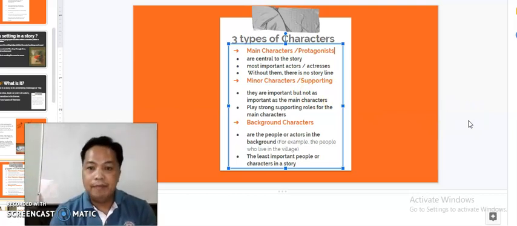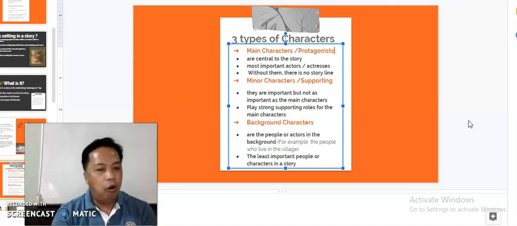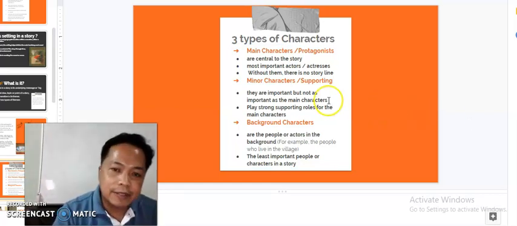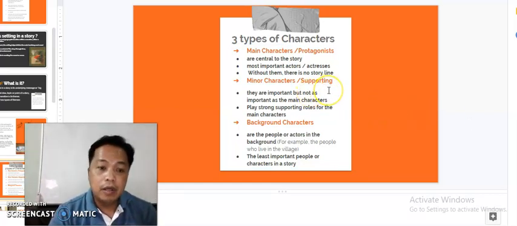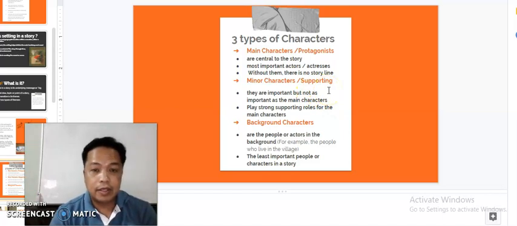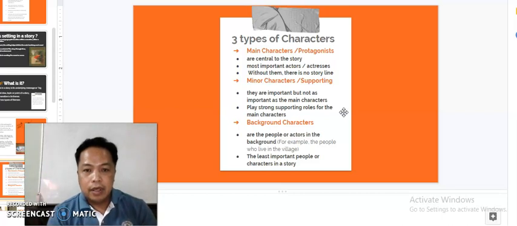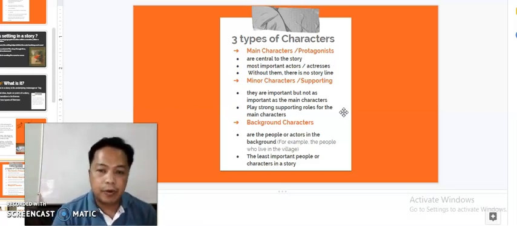We have also the minor characters or supporting characters. So they are lesser than the main characters. They play strong supporting roles for the main characters.